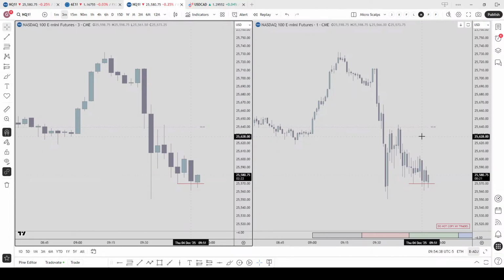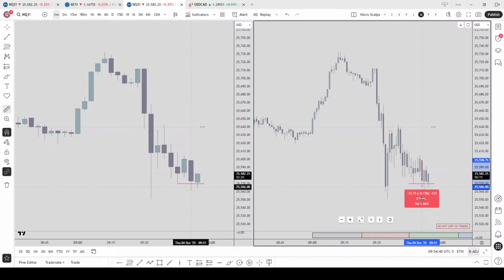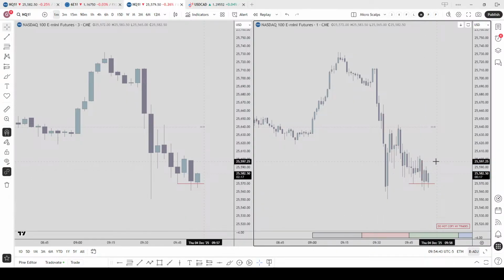Looking at the 1 minute candle ranges, we have about 32 points, so I would most likely need the micros to take these trades.